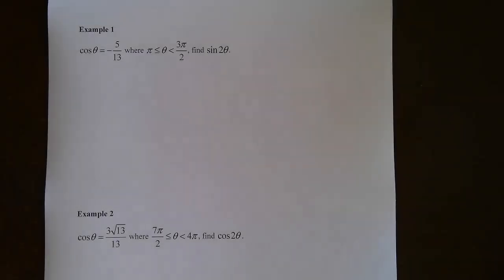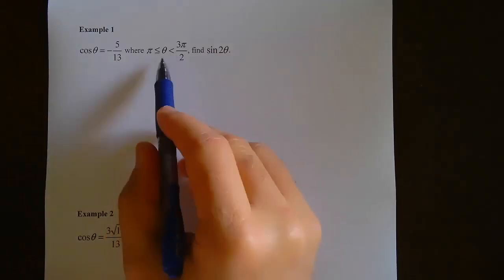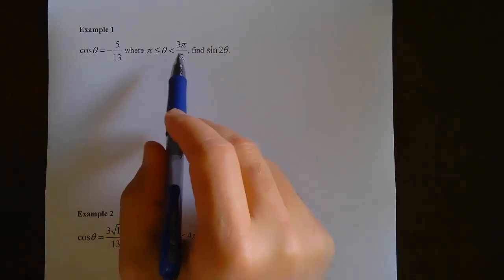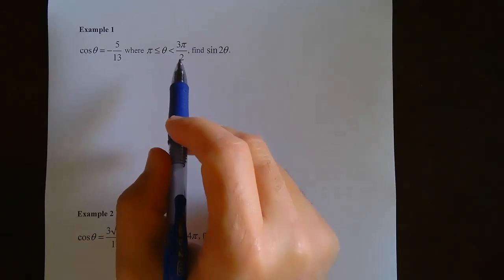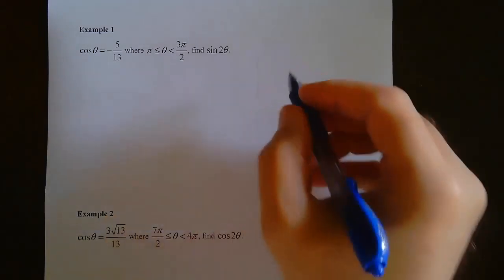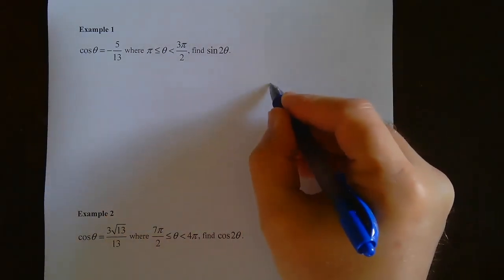Okay, so for example 1, I know that cosine of theta is equal to negative 5 over 13, where pi is less than or equal to theta is less than 3 pi over 2. So our angle theta is between pi and 3 pi over 2, which puts it into the third quadrant, that bottom left quadrant. So I'm going to draw that because I know where my theta is.